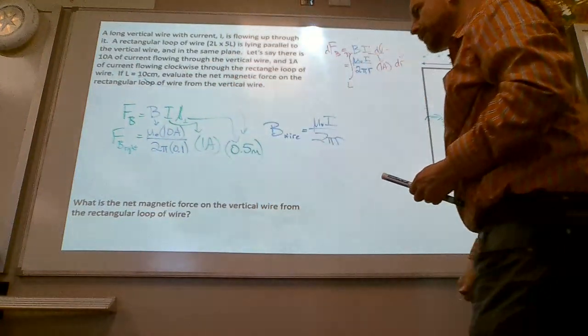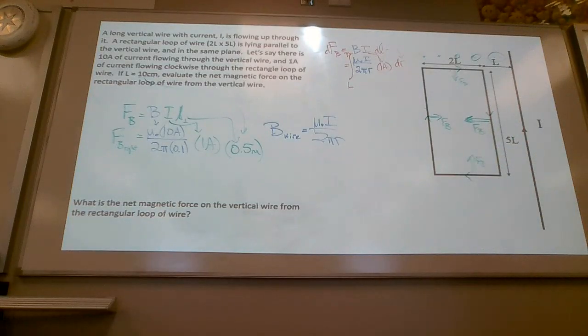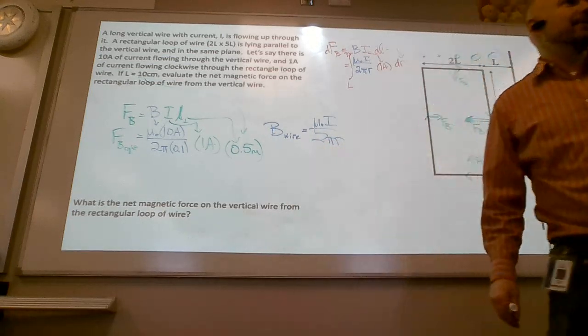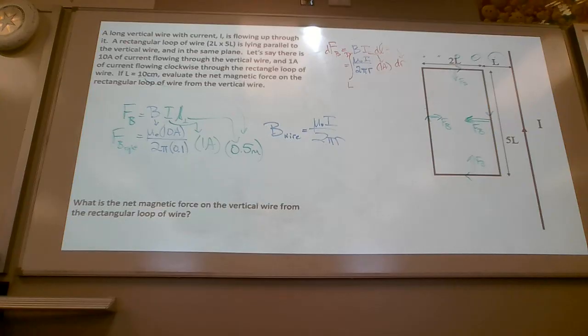Sorry, what is the magnetic force on the vertical wire from the rectangular loop? Oh, I'm sorry, I'm not answering the right question. Whatever I get here, that's that answer. Newton's third law. Okay. Sorry.